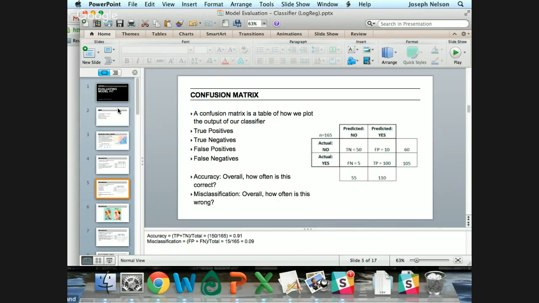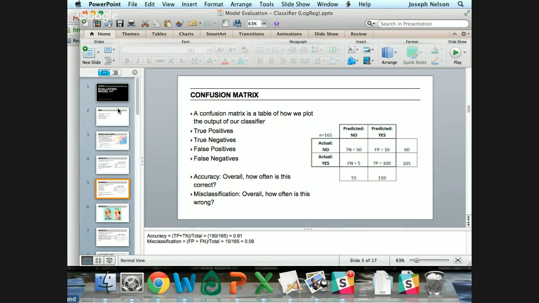You have false positives, which are, we predicted that the person has the disease, but in reality, they do not. Which column does that describe here, or which cell? Yeah. False positive.